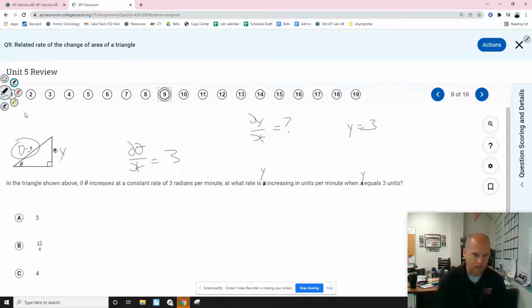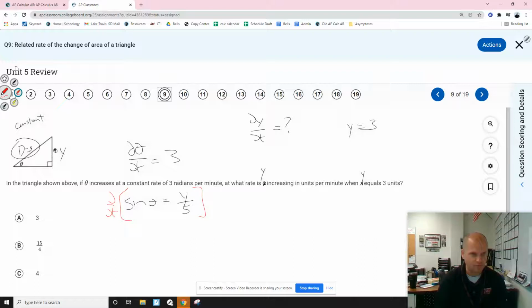D equals 5. D is constant. You're told how much the angle's changing, and you're trying to find dy/dt. So since we have dy/dt and a constant d, I'm going to use sine. Sine theta equals y over the constant d.